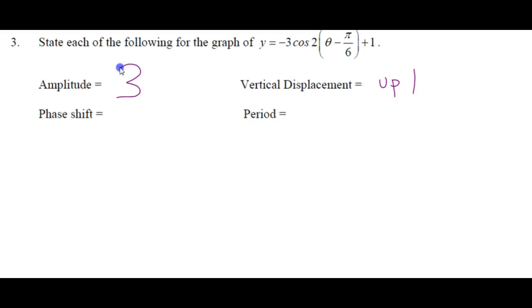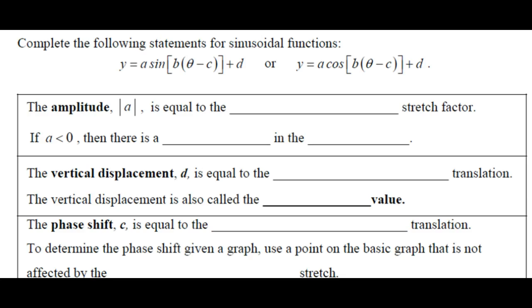The phase shift: right, pi over 6. The period: either take 2 pi divided by b, or just think of this as a horizontal stretch by 1/2. Half of 2 pi is pi. Okay, so the period is pi.